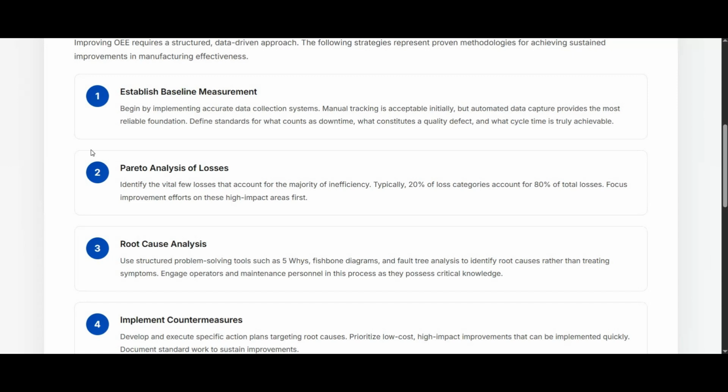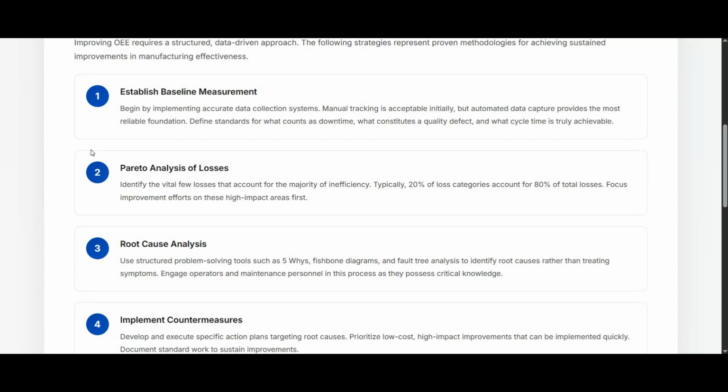Even manual tracking is fine at first, but automated data capture gives you a much clearer view. Step 2 is performing a Pareto analysis of losses. Usually 20% of the loss categories cause 80% of the inefficiency. So you focus your efforts there.